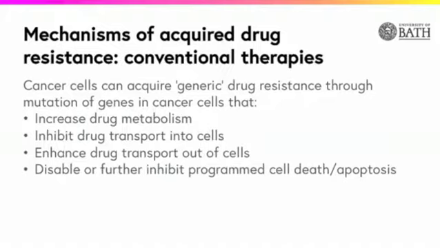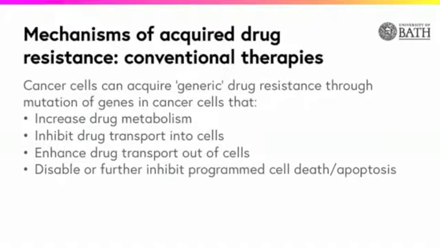So the cells metabolize the drug, and the drug cannot hang around in the tumor for long enough to be very effective. The cells can also acquire the ability to inhibit drug transport into cells or increase the transport of the drug out of the cell once it's got in there. Now, both of those mechanisms stop the drug from getting to the places where it's going to be effective.